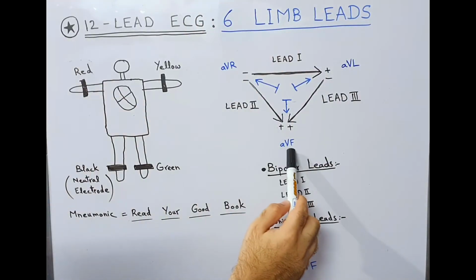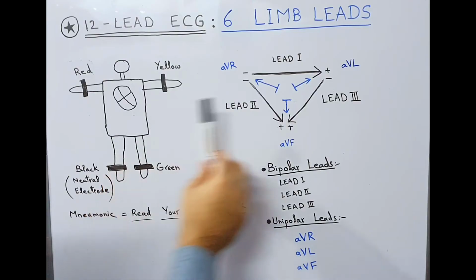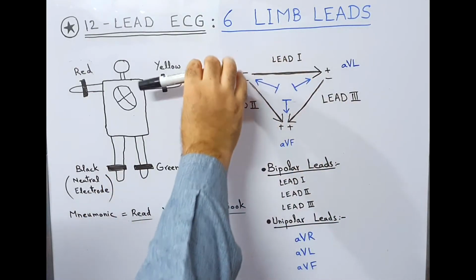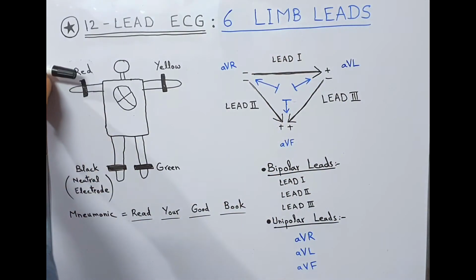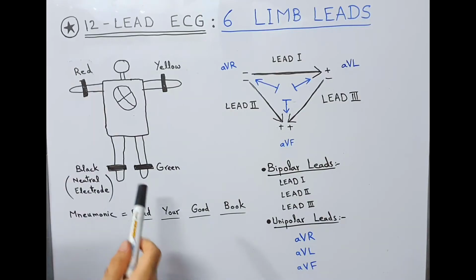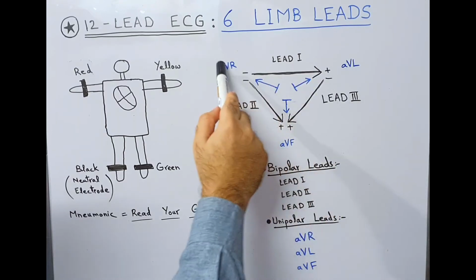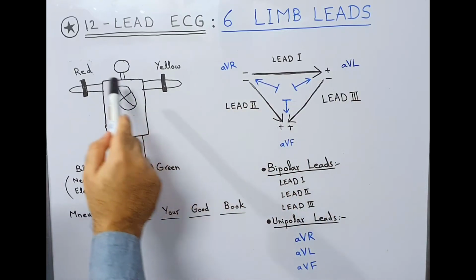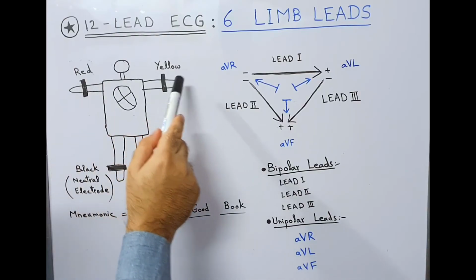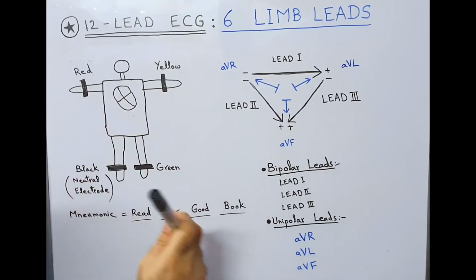So the AVF will see the heart from the foot direction, the AVL will see the heart from the left side, the AVR will see the heart from the right side. So electrodes are 3 but leads are 6. 3 of them are bipolar leads, 3 of them are unipolar leads. Bipolar catches signals from 2 electrodes, unipolar catches signal from 1 electrode at a time.